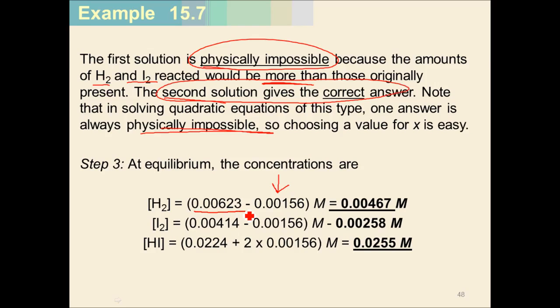You had 0.00623 minus x for hydrogen, so that new molarity would be 0.00467 for the iodine, that you would calculate this to be 0.00258, and for the molarity for the HI would be 0.0255 when you took 0.0224 plus 2x, and this would be your final molarity.